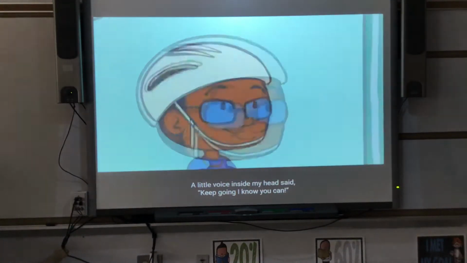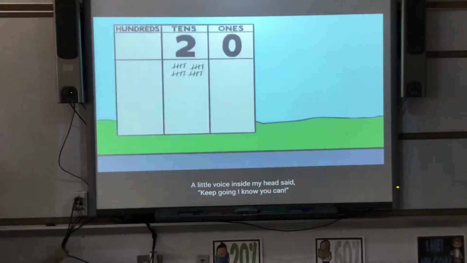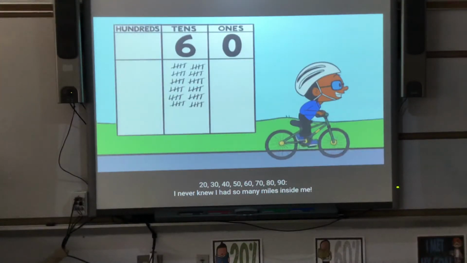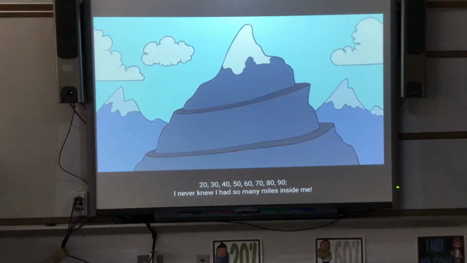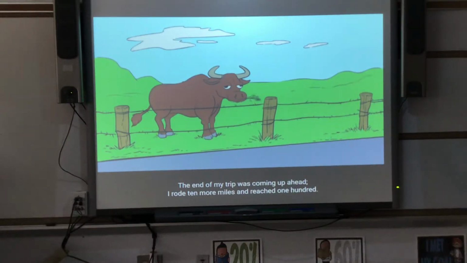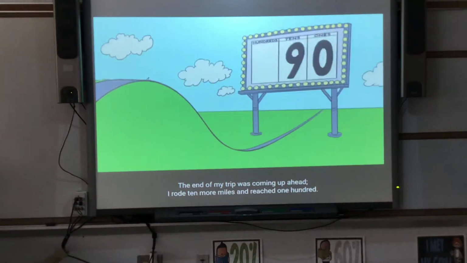Inside my head said, keep going, I know you can. 20, 30, 40, 50, 60, 70, 80, 90. I never knew I had so many miles inside me. The end of my trip was coming up ahead. I rode 10 more miles and reached 100.